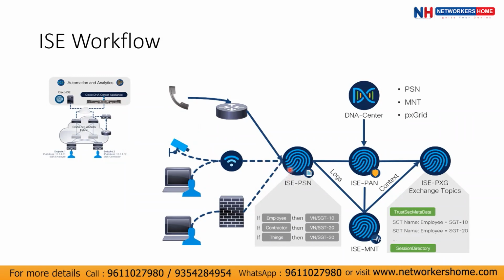After that, ISE will send the information that this particular employee has come, so please assign this VN and please assign this SGT. If any contractor comes, please assign SGT 20 and the VN is different, right? And if any IoT device comes, then you can assign SGT 30.